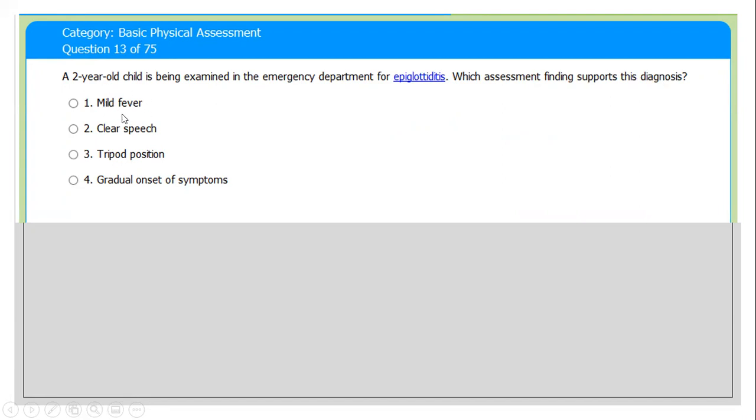Number one, mild fever, clear speech, tripod position, and also gradual onset of drooling. When the epiglottis is inflamed, the patient has difficulty breathing, shortness of breath, and is struggling for oxygen, right?